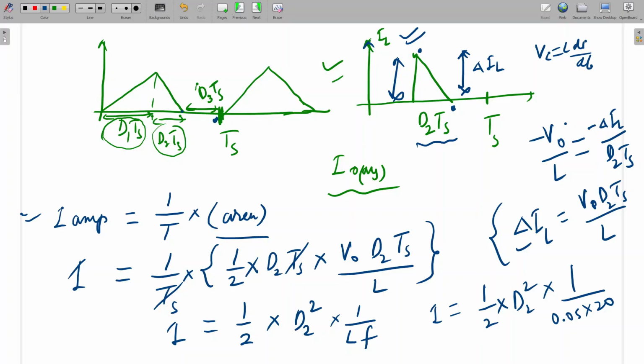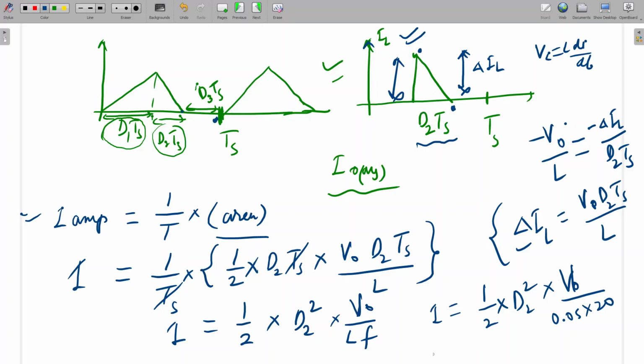Can anyone calculate the value of D2 from here? See here, V naught I have missed. V naught will also be here. Can anyone calculate the value of D2 from this equation? So 37.5 V naught, sir.